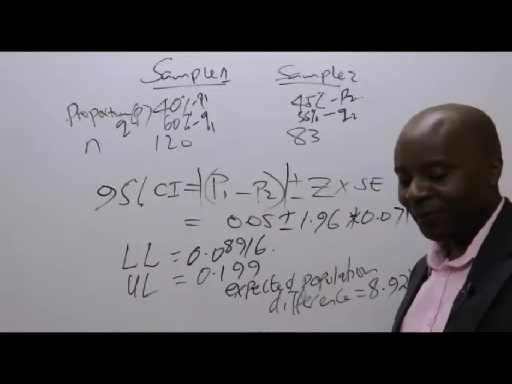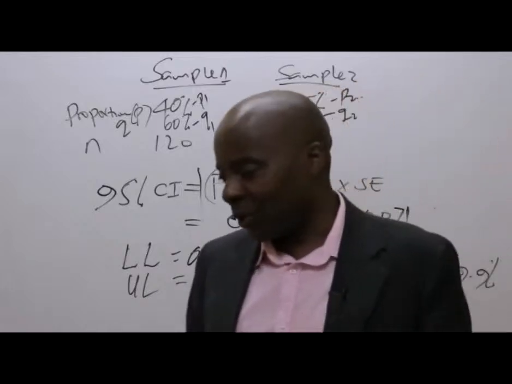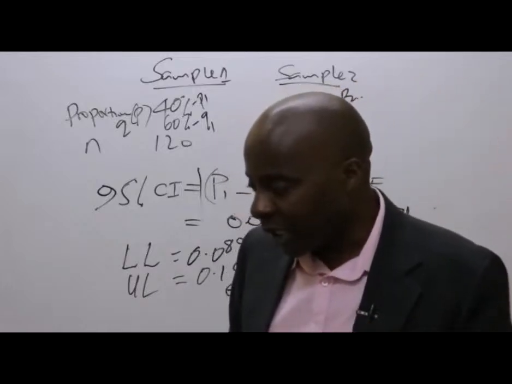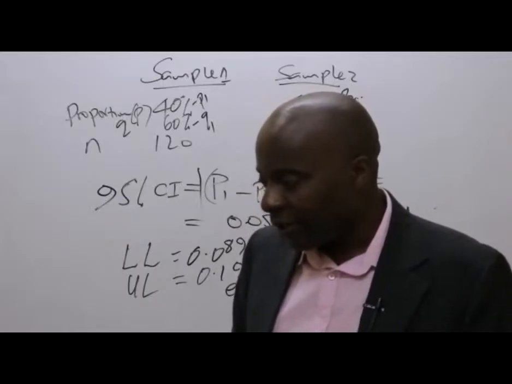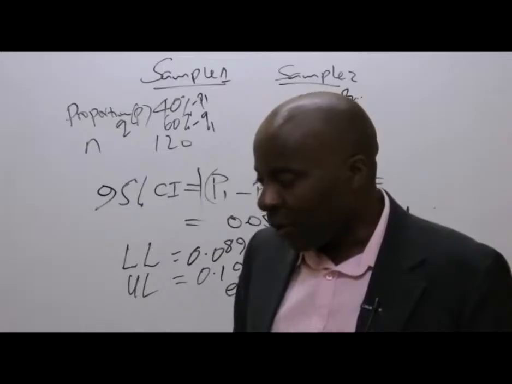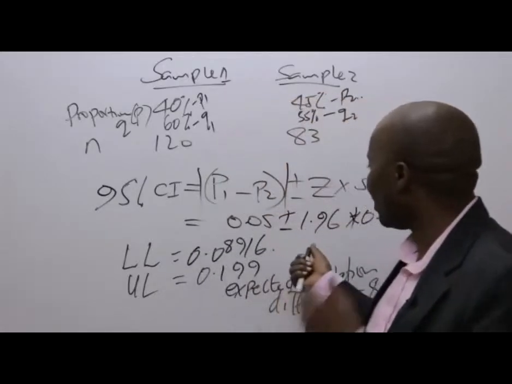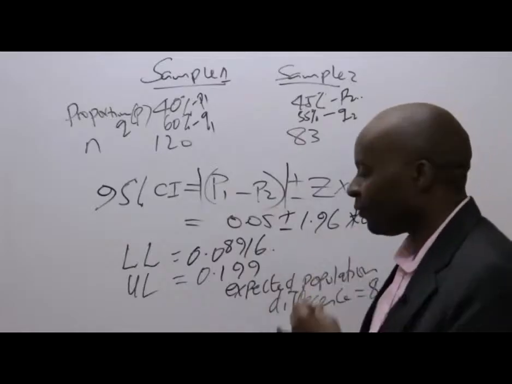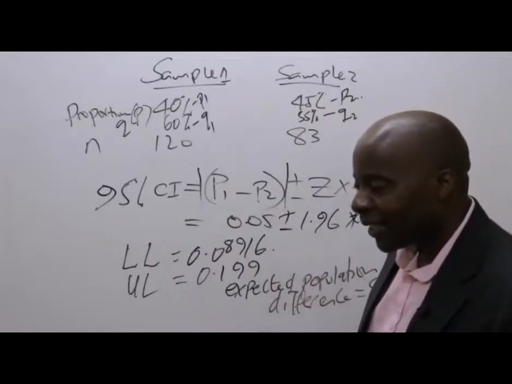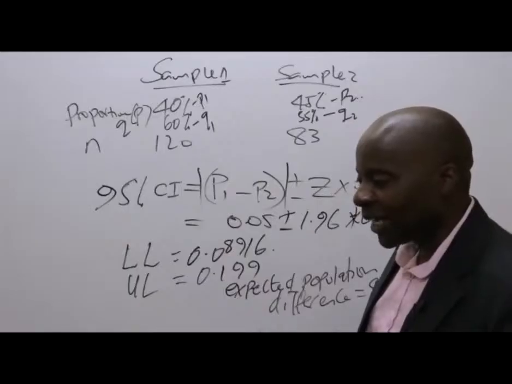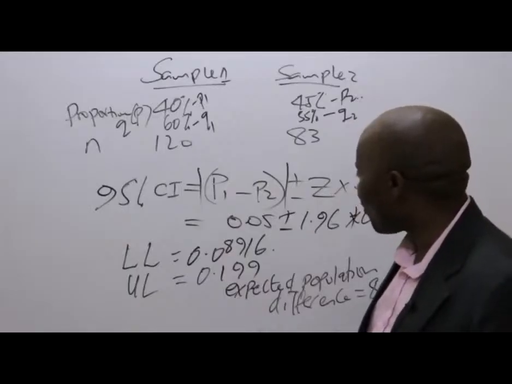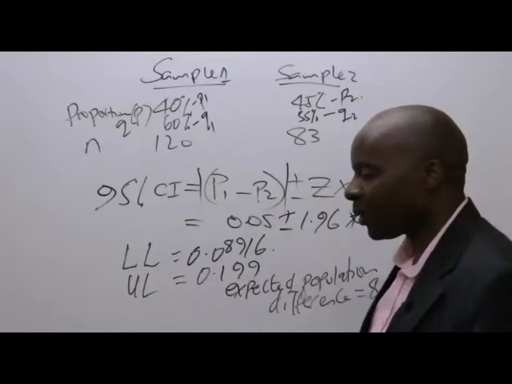Now, ladies and gentlemen, write again another title. We are still talking of, no, in the limits, we don't ignore the negative. In the limits, if, for example, is the lower limit here negative? 0.05 minus 1.96 times 0.071.